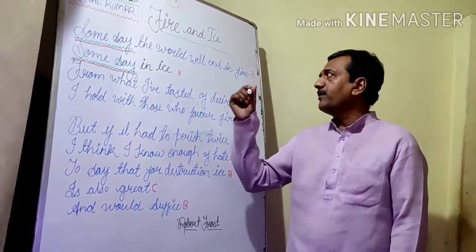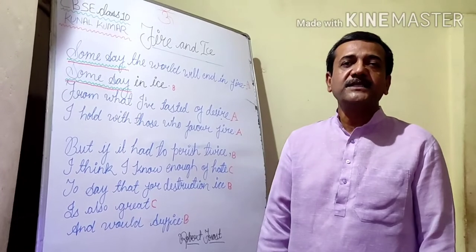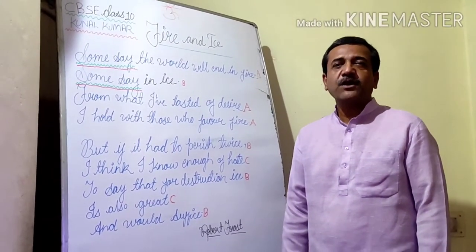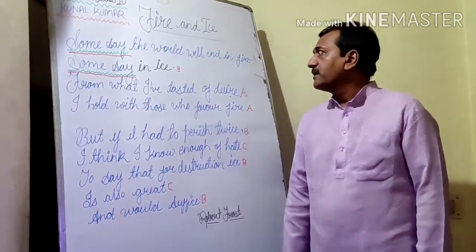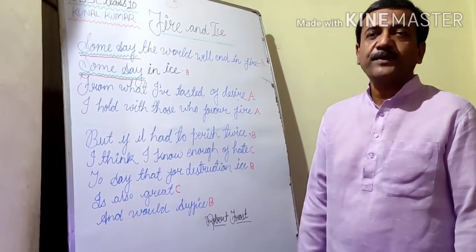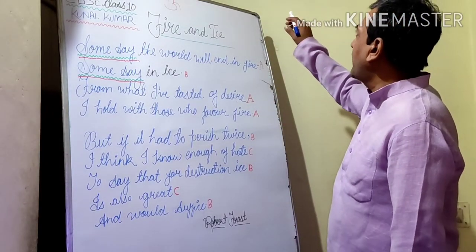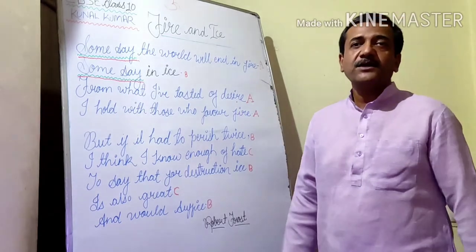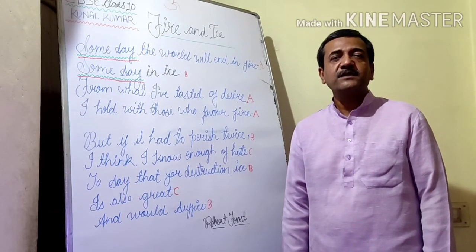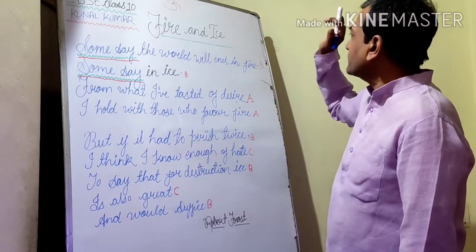Here in this poem you will find that fire represents desire, a wish or want to grab something, to have something, to possess something, to capture something. And the other thing is ice, that here represents hatred, hate, aversion to something.